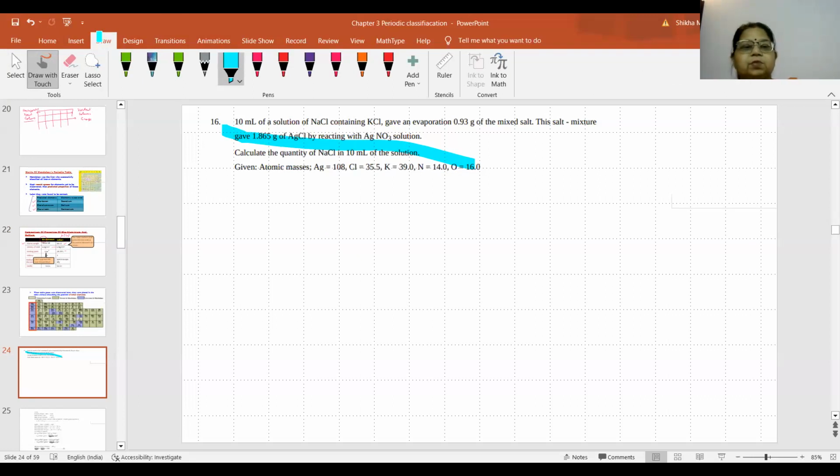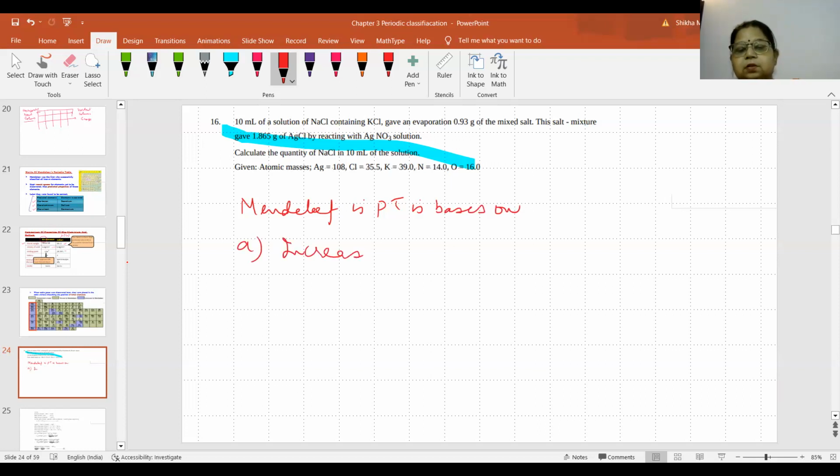If I give you an MCQ saying Mendeleev's periodic table is based on: option 1, increasing order of atomic mass.